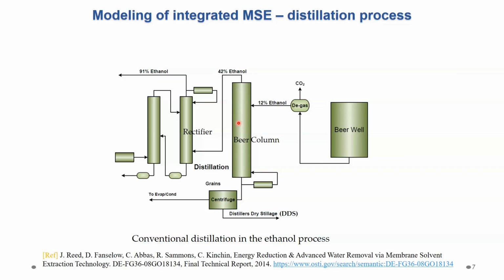The resulting top vapor contains 42% ethanol. This vapor then enters the rectifier to get 91% ethanol. The bottom slurry of the beer column is separated into liquid water and solid DDS.